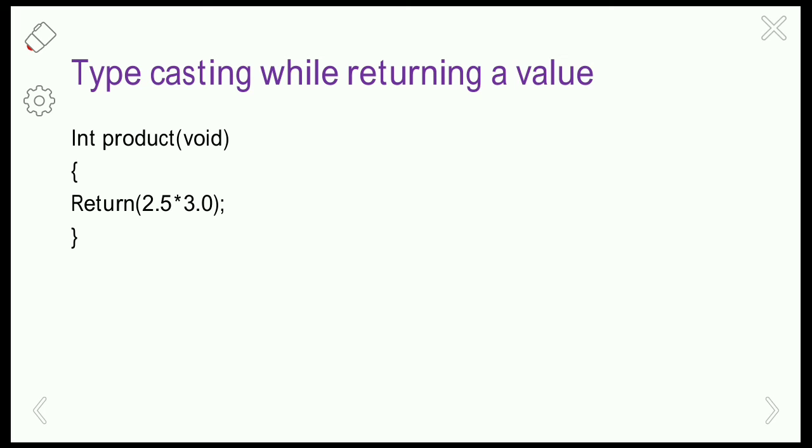At that time the compiler will convert this float value into integer format. So we can automatically convert the float value to int using the return statement. Typecasting can be done using the return statement.